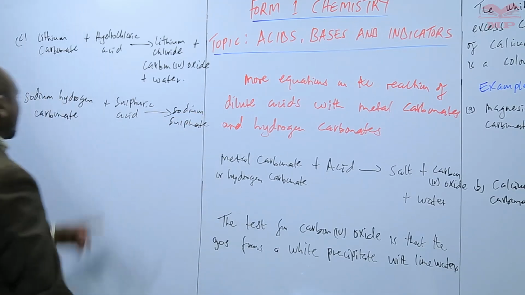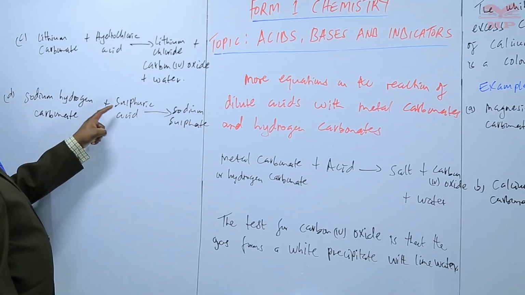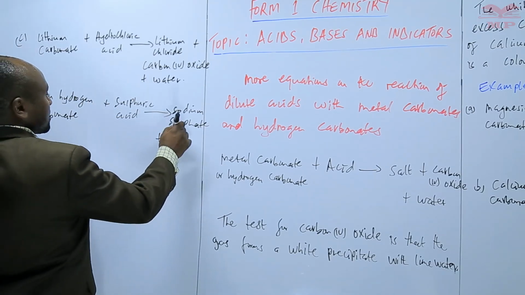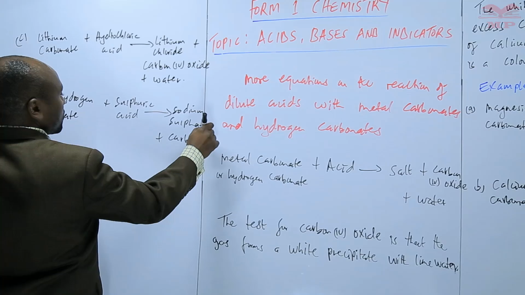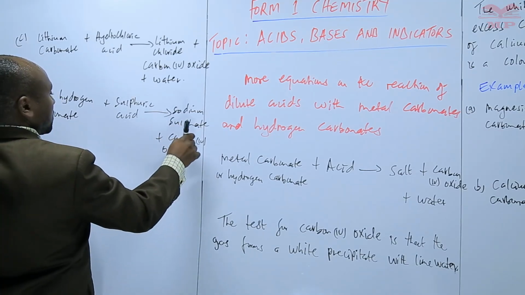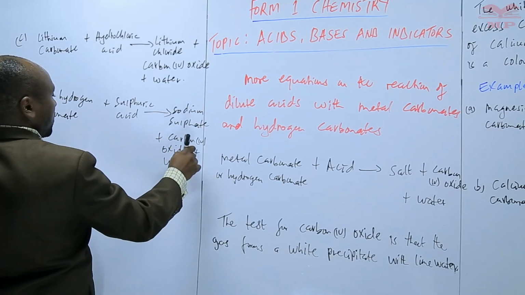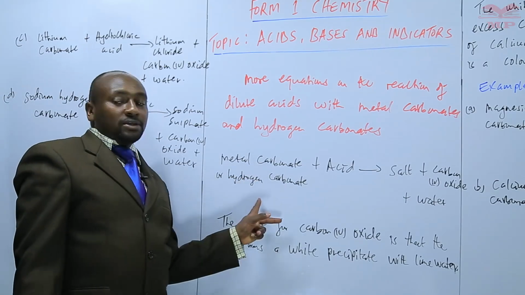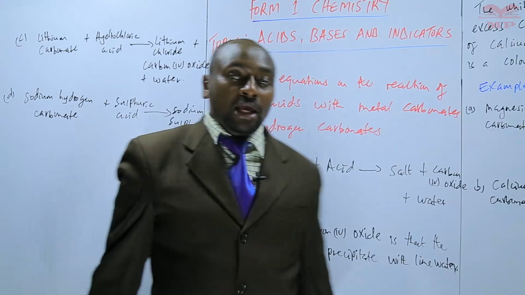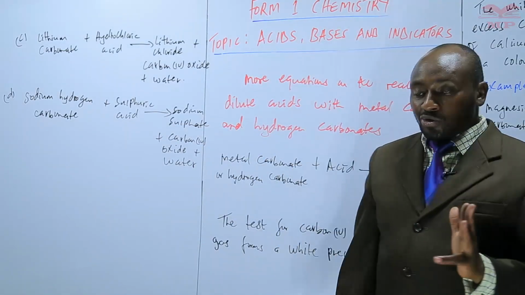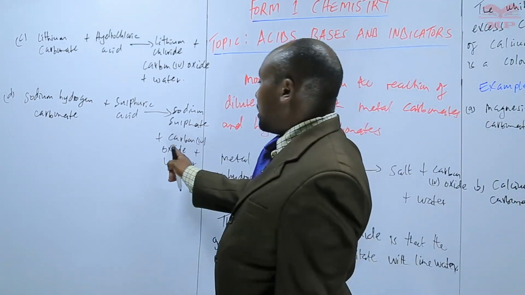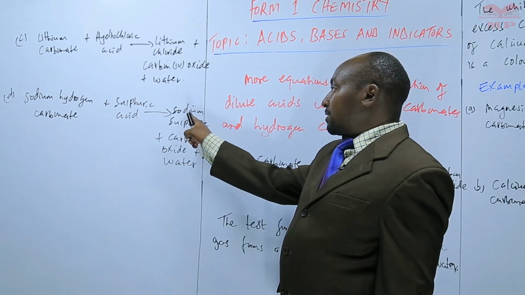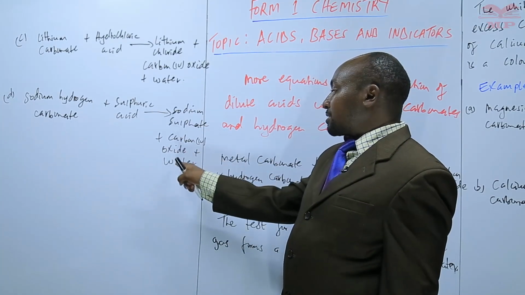The products are just the same: sulfuric acid, we get sodium sulfate, plus carbon 4 oxide, plus water. So there is no difference between metal carbonates and hydrogen carbonates. They just behave the same way. We get three products. There must be a salt, there must be carbon 4 oxide and water. So the salt here is sodium sulfate, carbon 4 oxide and water.